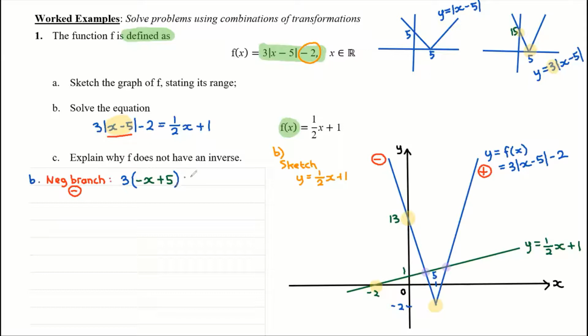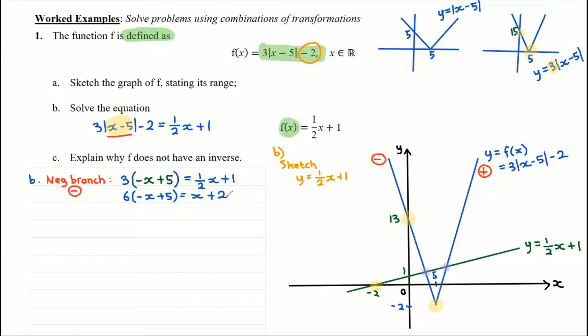And we set all that equal to 1/2 x plus 1. Okay, now a good thing to do, we'll clear the 2 in the denominator first of all. So we're going to have 6 multiplied by negative x plus 5 is equal to x plus 2, so multiply everything by 2.